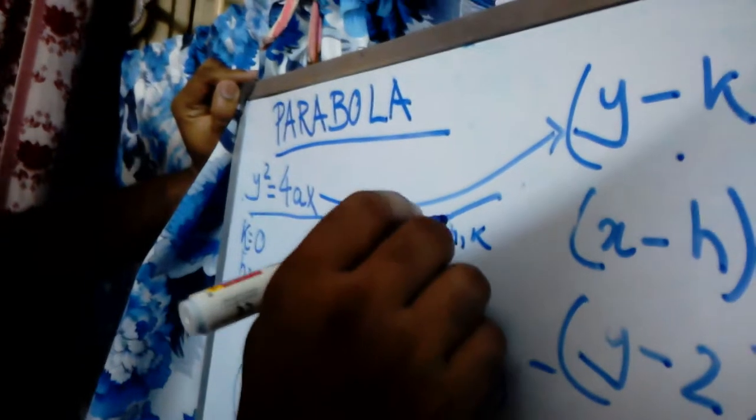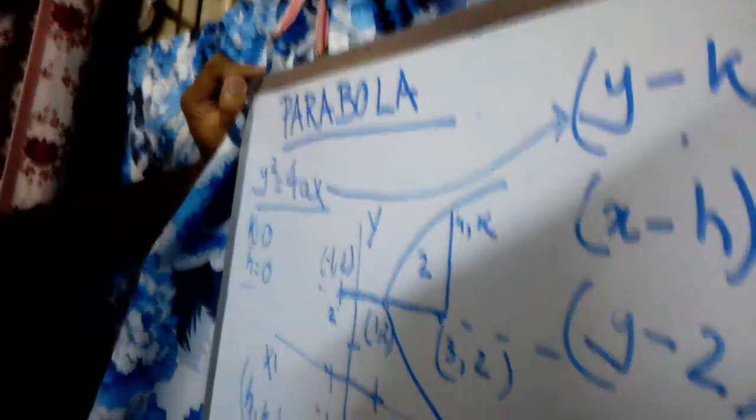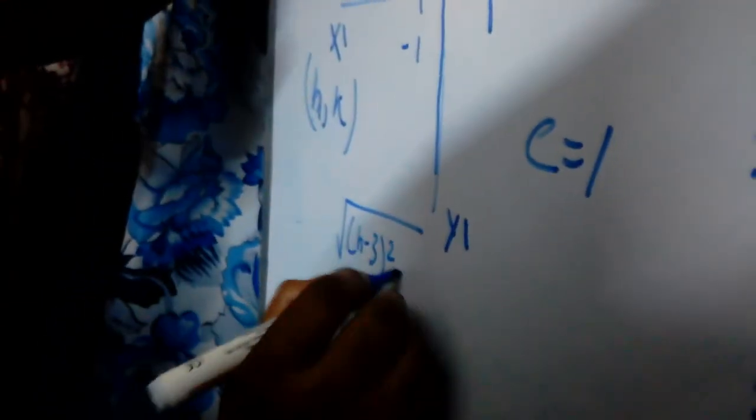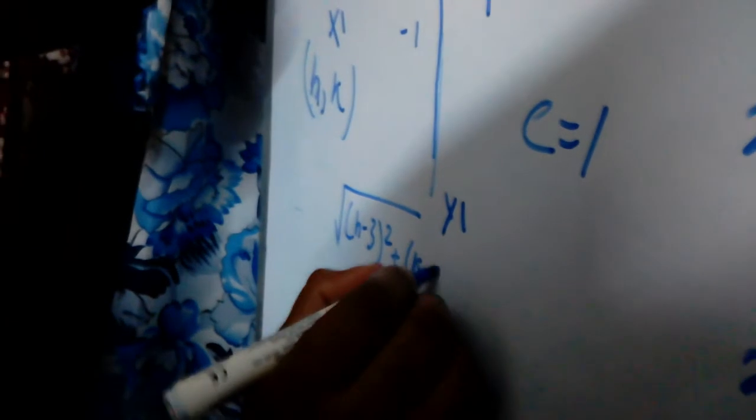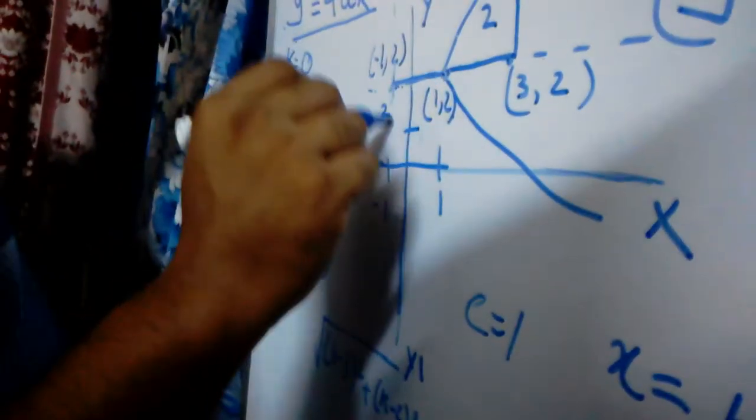So if this is h, k, what will be the distance from this point to the focus? Root over of h minus 3 whole square plus k minus 2 whole square, and this is the directrix.